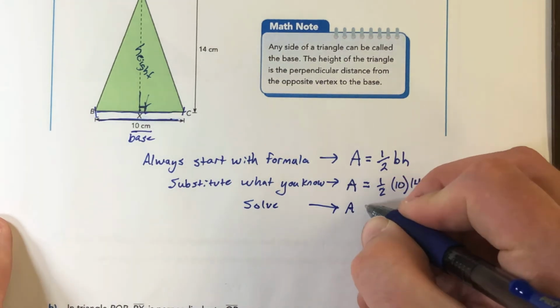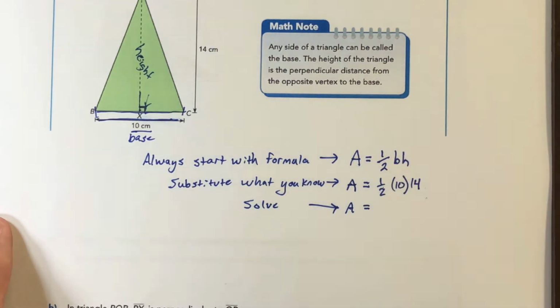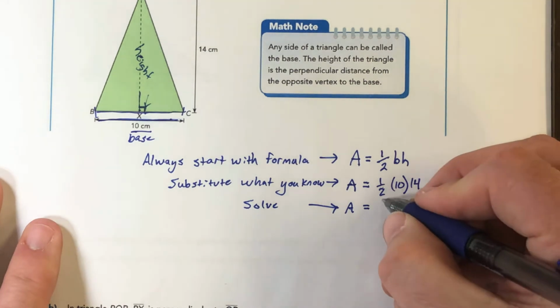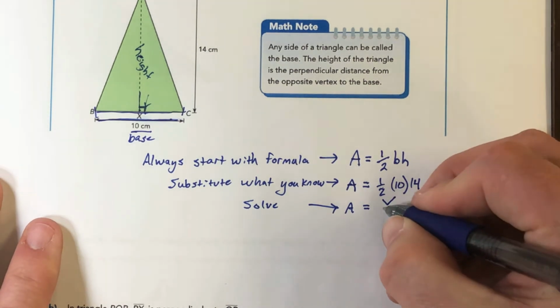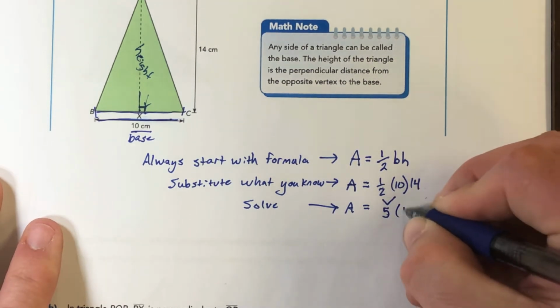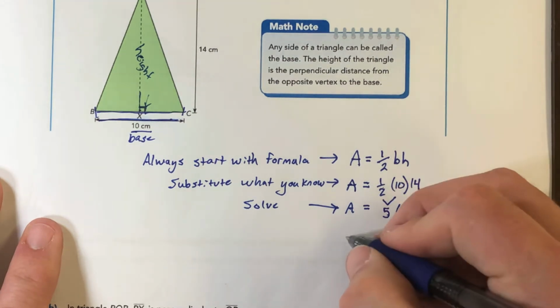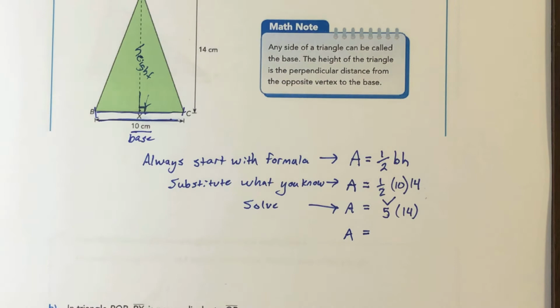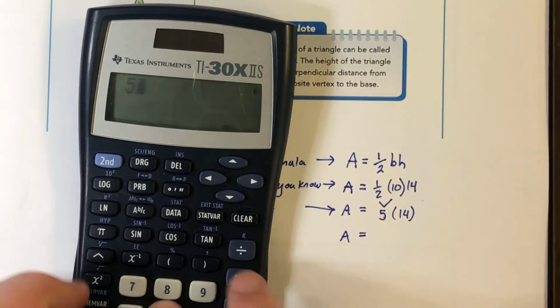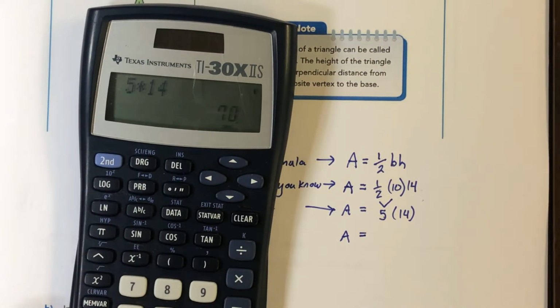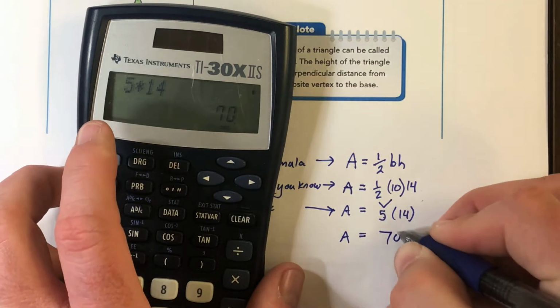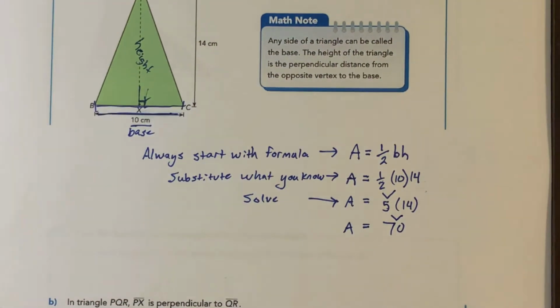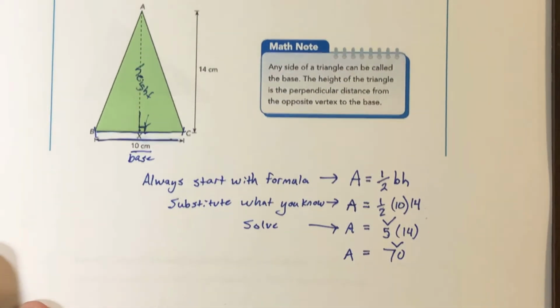So A equals, I can combine and do stuff like 1/2 times 10 is 5. Bring down our 14. Next step, A equals, what's 5 times 14? 70. And then I need a label. What is area all about?